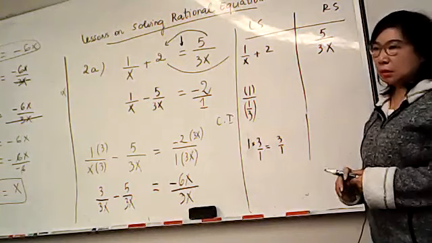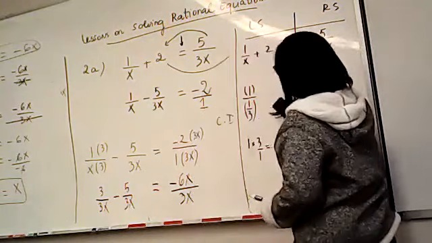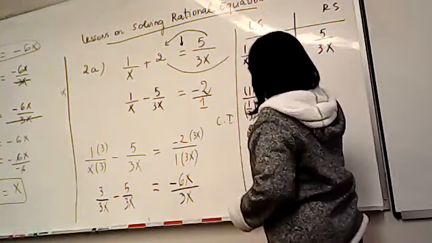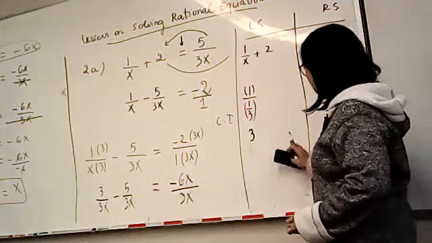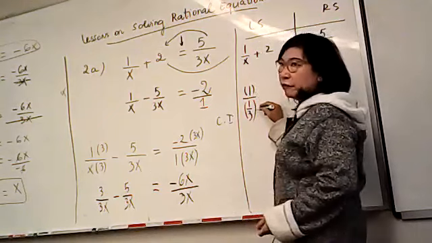Basically, then you do 3 over 1 plus 2 over 1. So this number becomes 3, right? This is divide fraction.